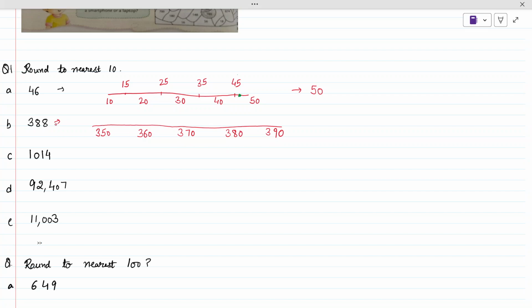Now let's find the midpoints. 350 and 360 का midpoint क्या होगा? 355. इसका 365, 370 और 380 का मिड पॉइंट होगा 375, 380 और 390 का होगा 385.